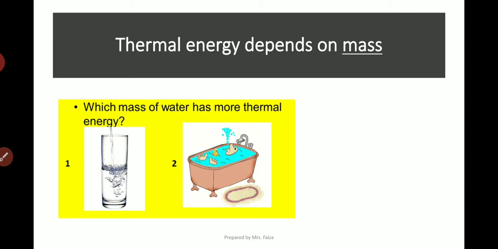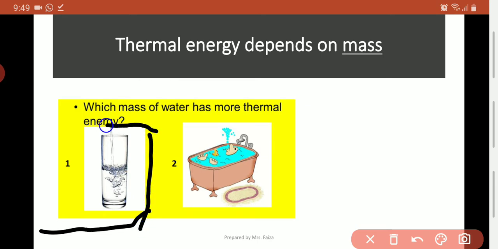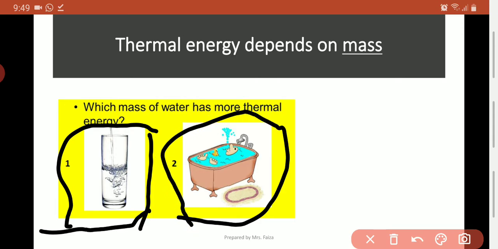Thermal energy depends on mass. Here's the first example. On mass, we have a small cup of water and a huge bathtub. Which one has more mass?